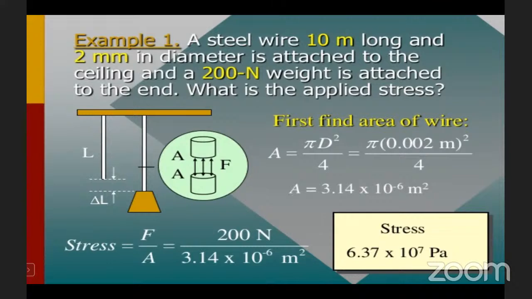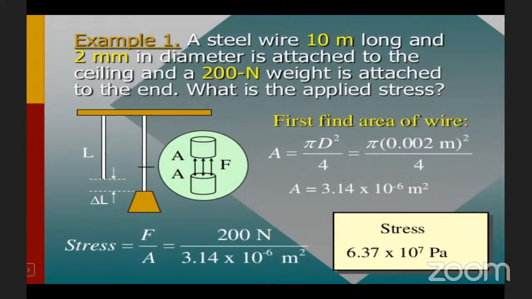A equals pi d square by 4, where d equals 0.002 meter, whole square, because 2 millimeters is changed into meters. So 0.002 meters whole square by 4. Finding the answer, A equals 3.14 into 10 to the power of minus 6 square meters.